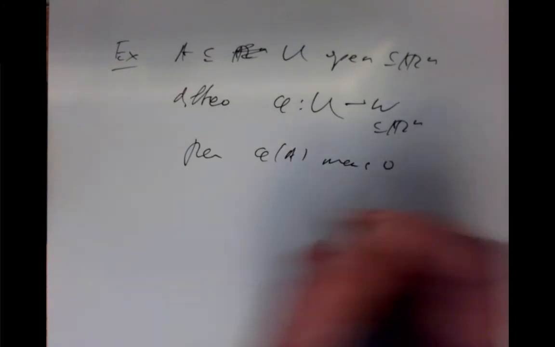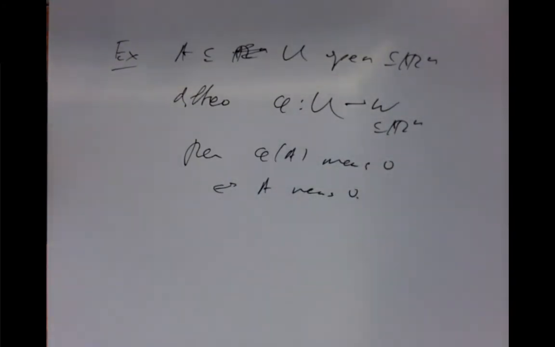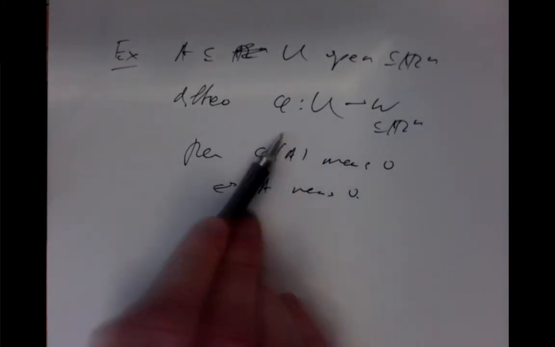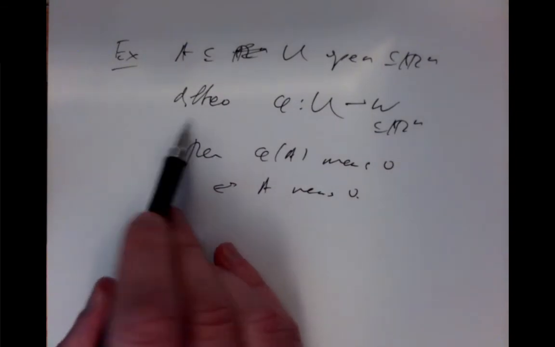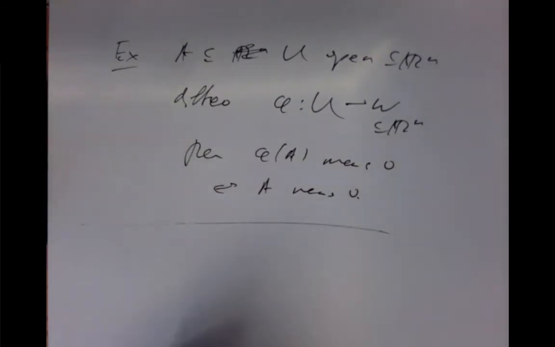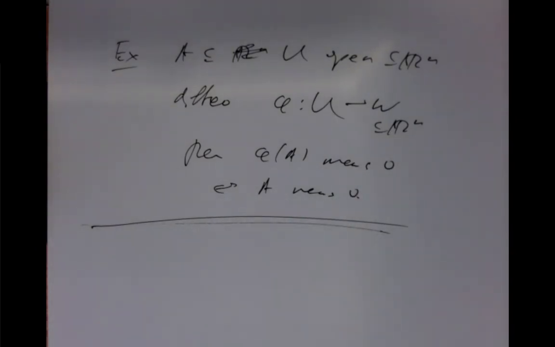Well, phi of A is measure 0 if and only if A is measure 0. So it's invariant under diffeomorphisms. That's not completely obvious, but I'll leave you to consider why it's true, partly because measure 0 sets aren't really what we want to talk about in this class.